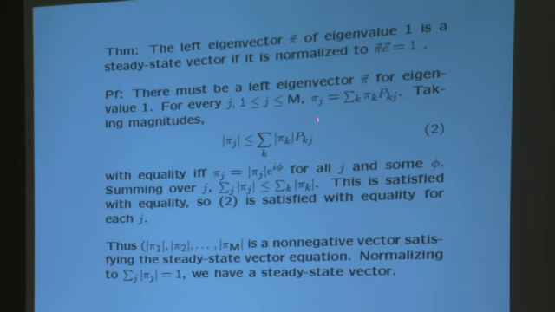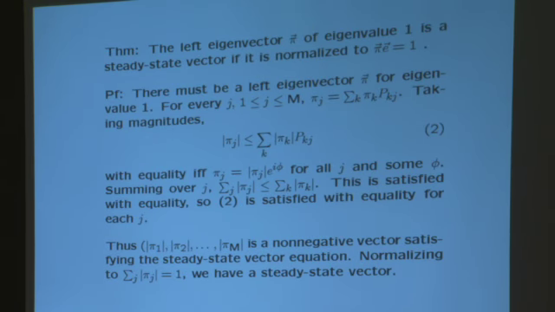But we do know that since they satisfy this eigenvector equation, they satisfy this equation. If I take the magnitudes of all of these things, what do I get? The magnitude on this side is the magnitude of pi sub j. This is less than or equal to the sum of the magnitudes of these terms.